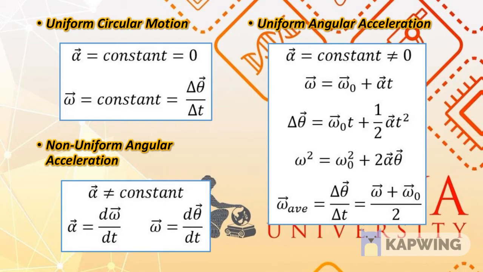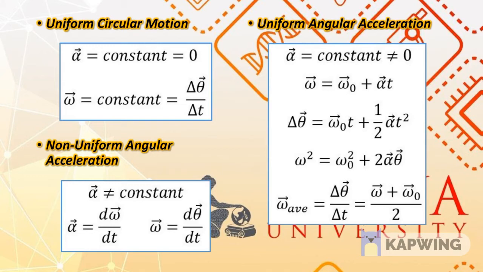For uniform circular motion, the angular acceleration is constant at 0, which means that the angular velocity is constant. Angular velocity is just equal to the equation for the average angular velocity, displacement divided by time. For uniform angular acceleration, the angular acceleration is likewise constant, but this time it is constant at a non-zero value.